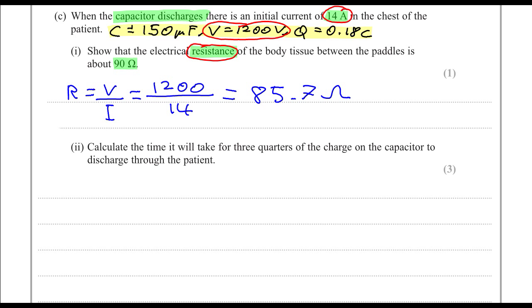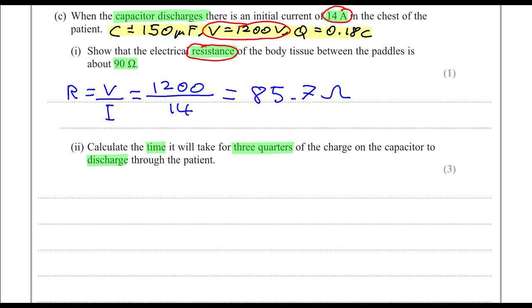We then need to calculate the time it will take for 3/4 of the charge on the capacitor to discharge. So we start with a full capacitor and we give out 3/4, so we are left with just 1/4 of the charge.